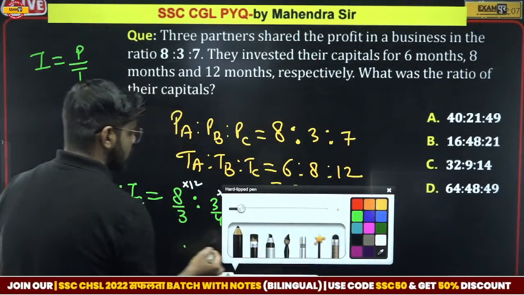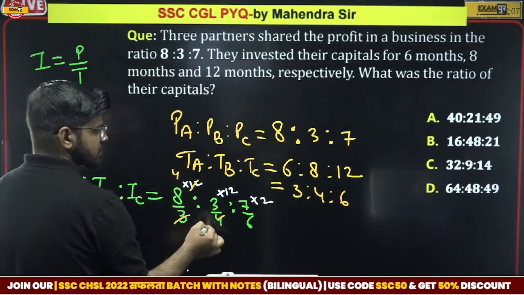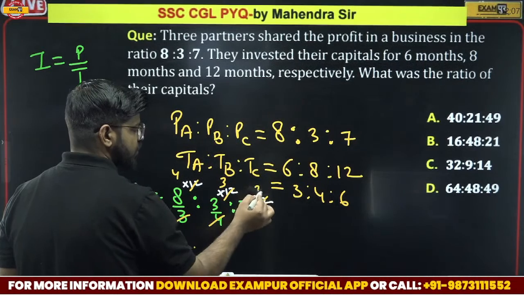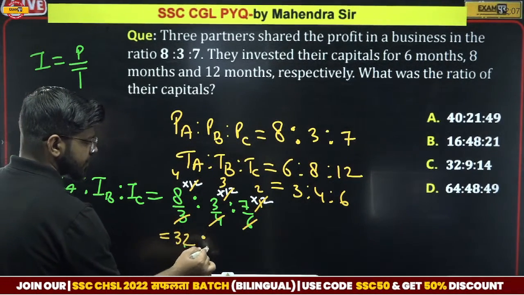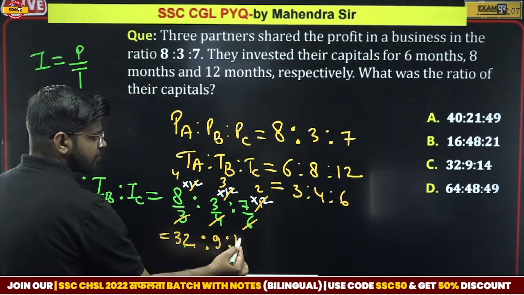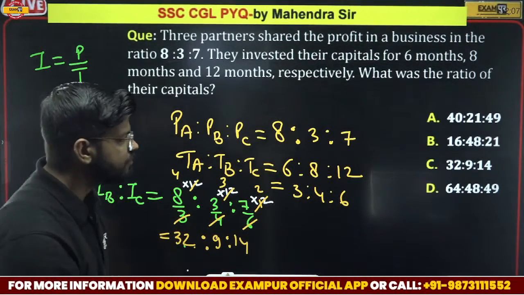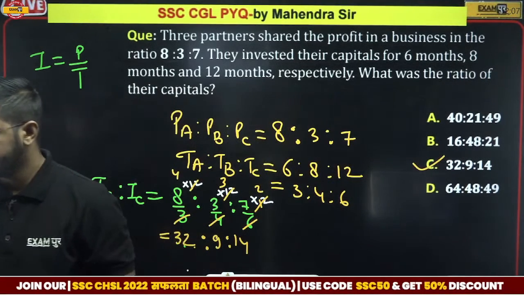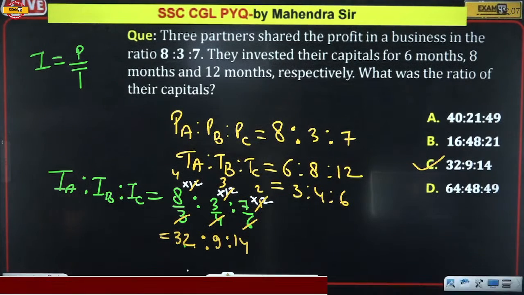Now divide 12 by each time: 12 divided by 4 is 3 times, and 12 divided by 6 is 2 times. So 8 4s are 32, 3 3s are 9, and 7 2s are 14. So 32, 9, 14 is my right answer. That means option number C is my right answer.